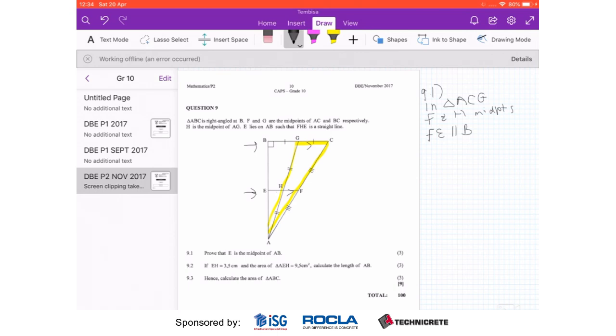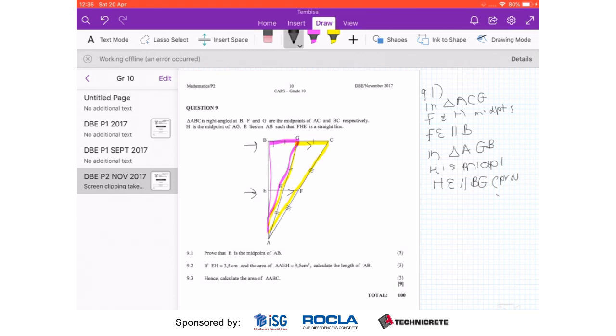Therefore, we're going to say in triangle AGB. So we're looking here now, AGB, okay. H is the midpoint. Therefore, HE is parallel to BG, which we have previously proved.